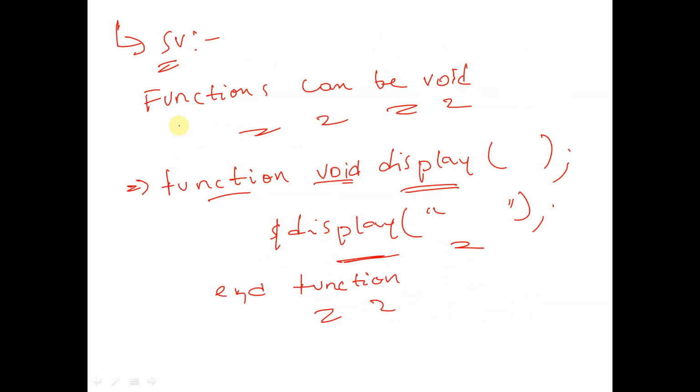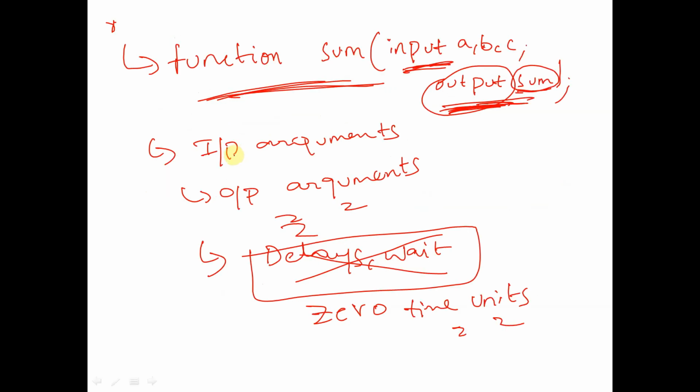So the first enhancement is that functions can be of void type, whereas in Verilog functions cannot be void. And the second enhancement is that functions can have input as well as output.